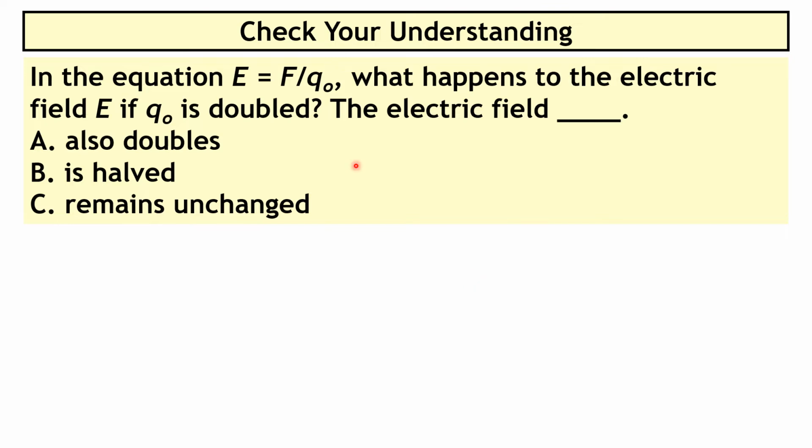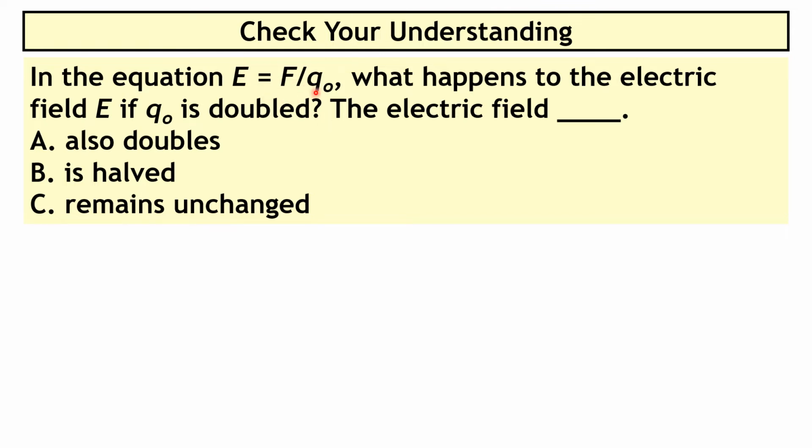So, how do we answer this question? This is the formula that we are focusing on, F over Q naught. So, if you double the denominator, which is Q naught, it appears that doubling Q naught will make the electric field reduced by half, isn't it?